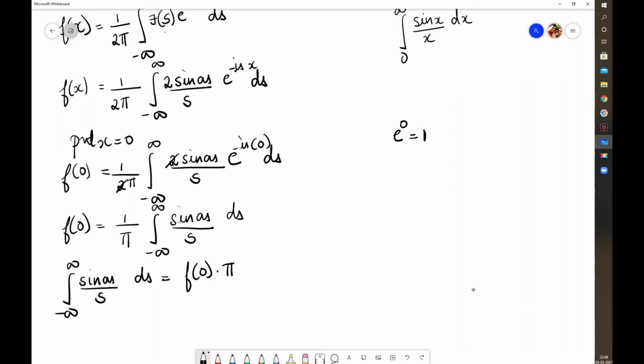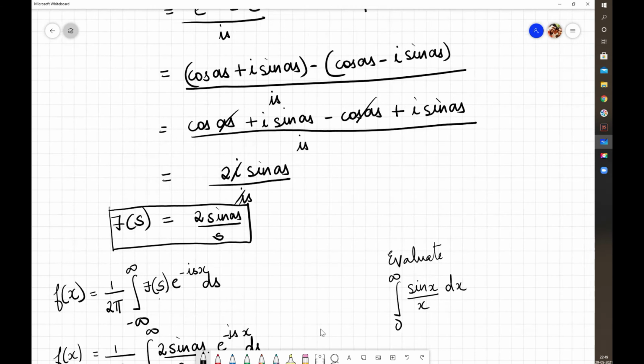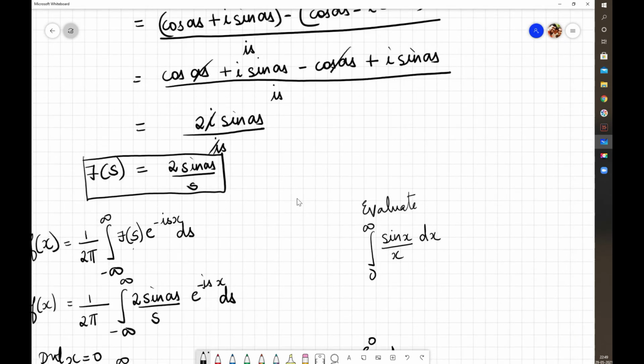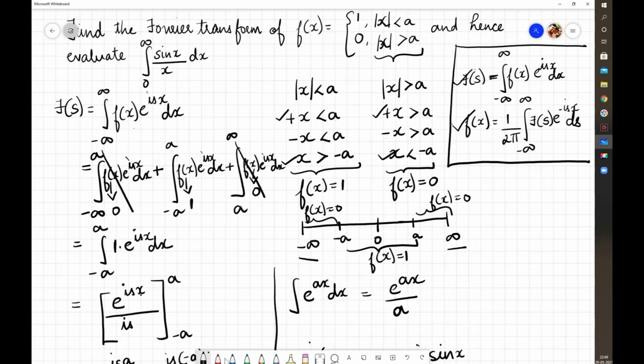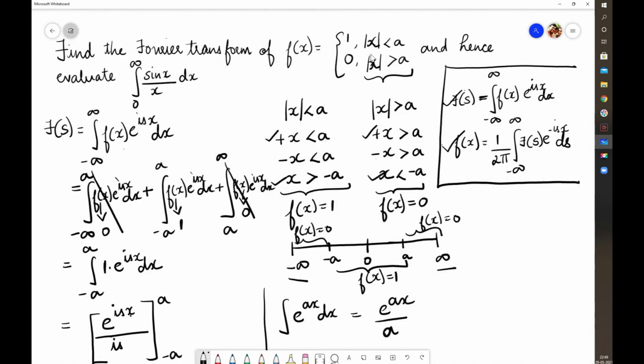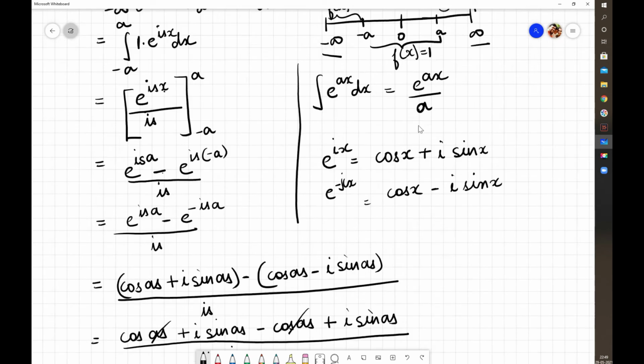The function, we know from the question, what is f of x. f of x is 1 for modulus of x less than a. So I have to find out at x is equal to 0, what is the value? At x is equal to 0, the f of x value is 1. So I substitute this here.